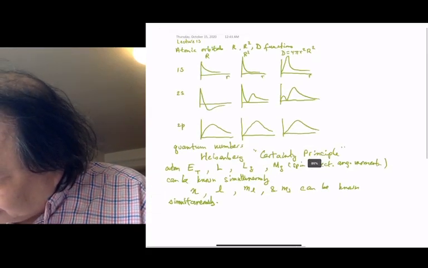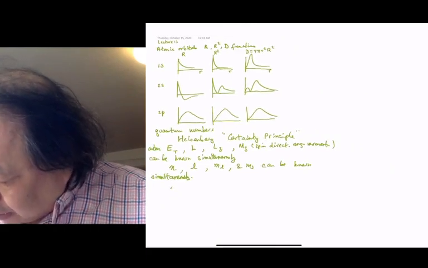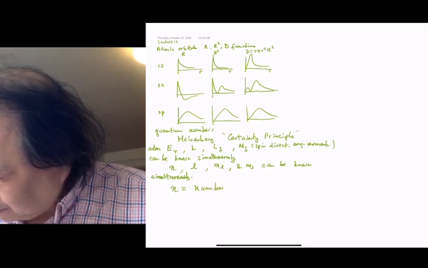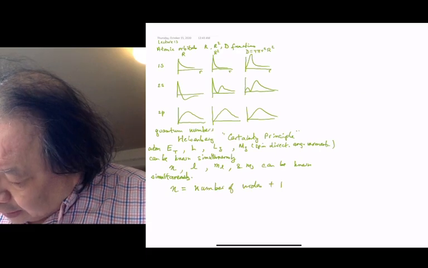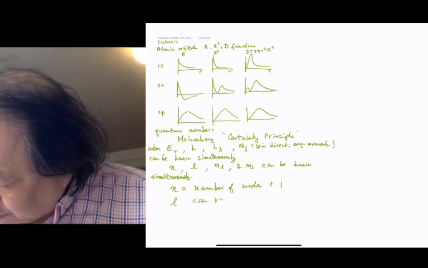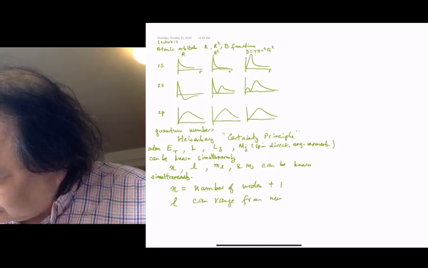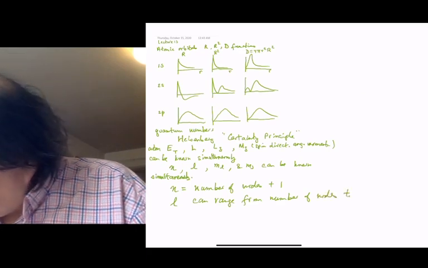Okay, just to make sure we have the rules. N equals number of nodes plus 1. The mistake I had was that L can range from number of nodes. That was a mistake last time, to 0.